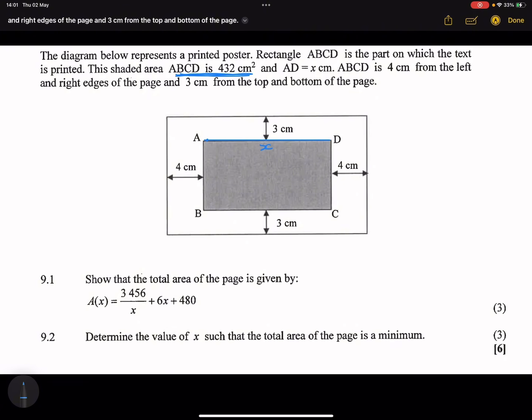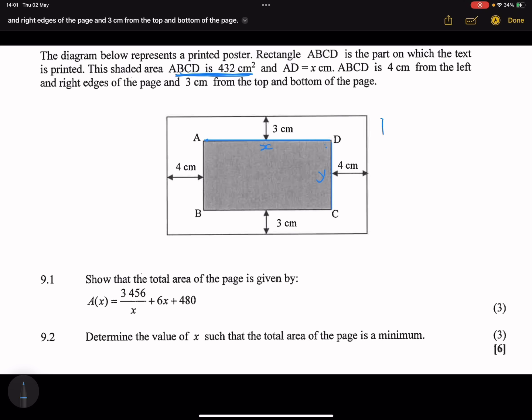Right, now, if we say that this is going to be length multiplied by the breadth, I'm going to call that breadth y there, right? So that is x times y. Right, so I want you to please notice in this case. They said to us the total area of the page, right?